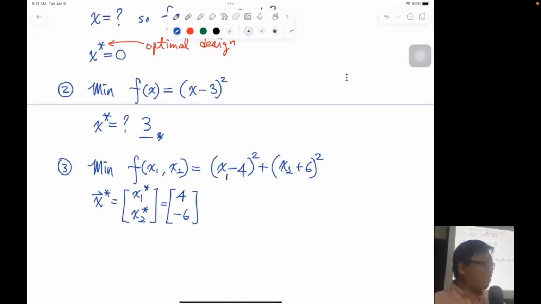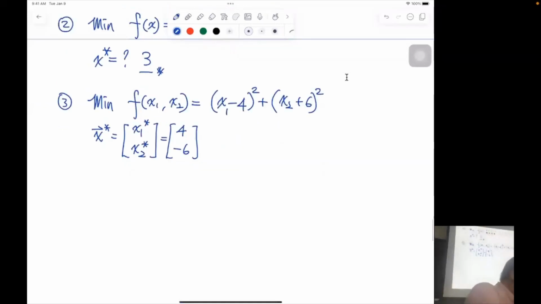So see, you know how to do optimization, if you know the mathematical function. Okay, another example. Minimizing f of x, let's use the same problem.